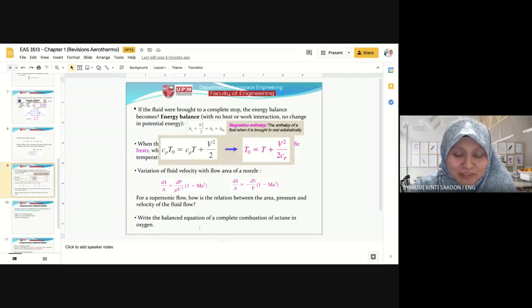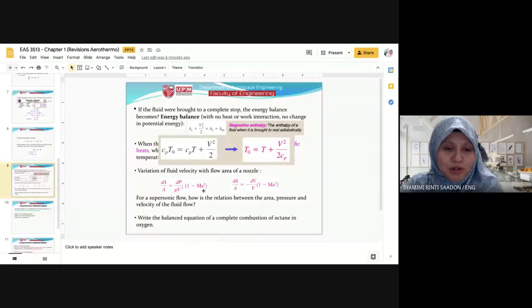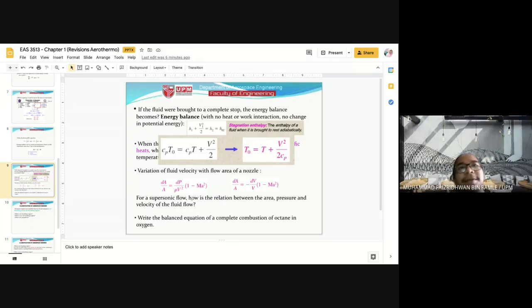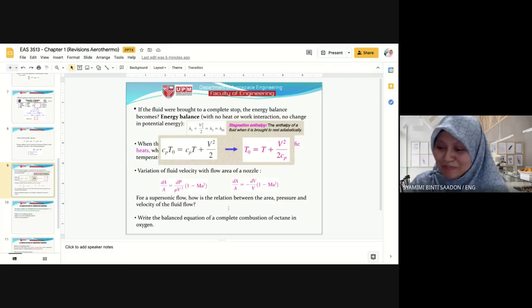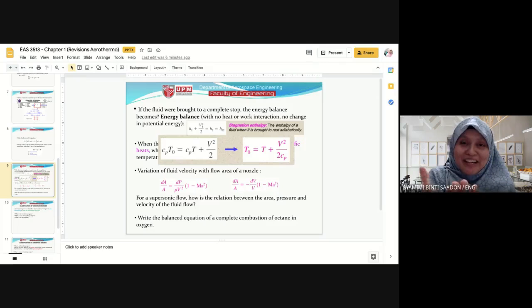I'll just ask a small question first. For a supersonic flow, what is the first thing that we have to assume? The MA. What is the MA? It is the Mach number. So what happens to the Mach number if the fluid is in supersonic flow?